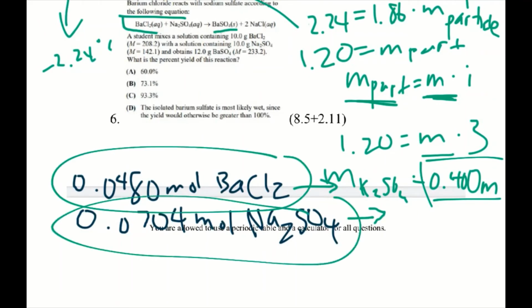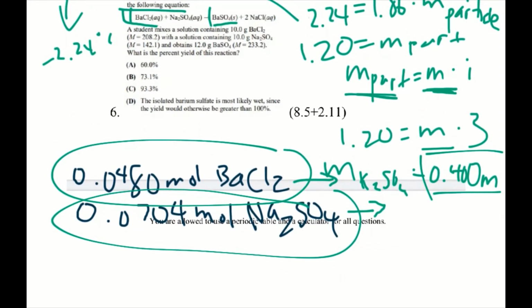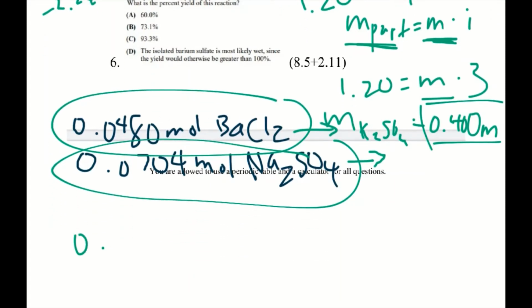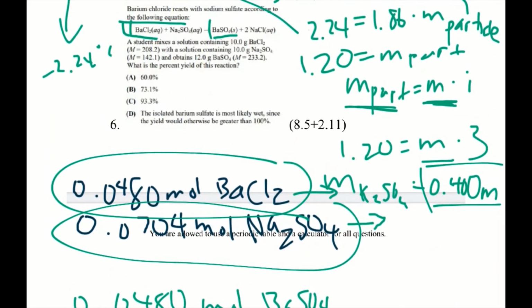So since everything here from BaCl2 to BaSO4 is a 1-to-1 ratio, this means that 0.0480 moles of barium chloride will produce 0.0480 moles of barium sulfate. Now, the equation also states that for every 1 mole of sodium sulfate, we produce 1 mole of barium sulfate.